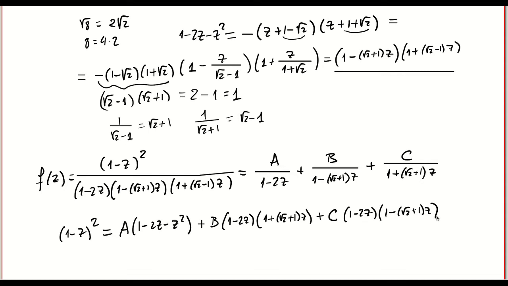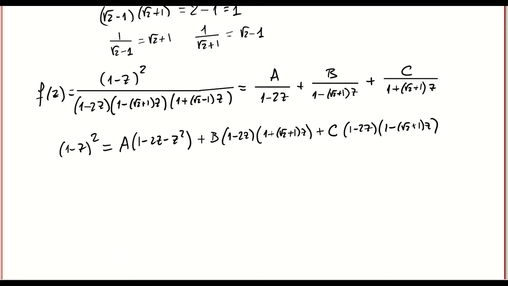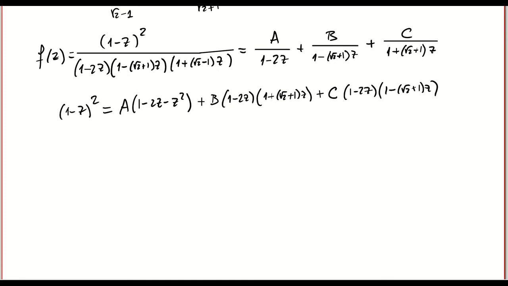All right, and now we have to solve for a, b, and c. The typical thing to do now is to substitute particular values. One obvious value is z equal to 1/2, because then this cancels out and we only have this term here. 1 minus 1/2 is 1/2, so this is 1/4.